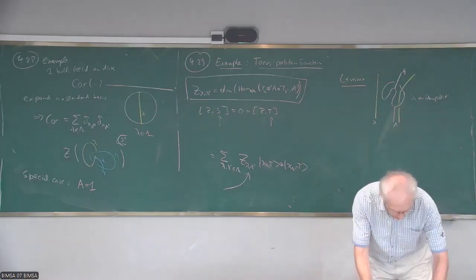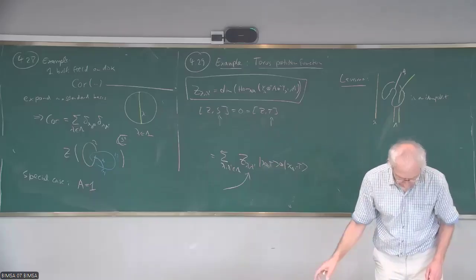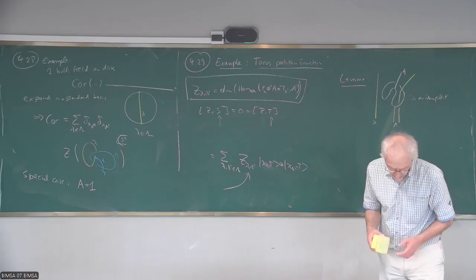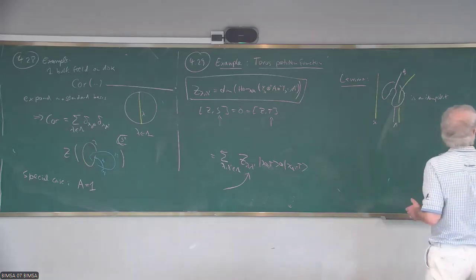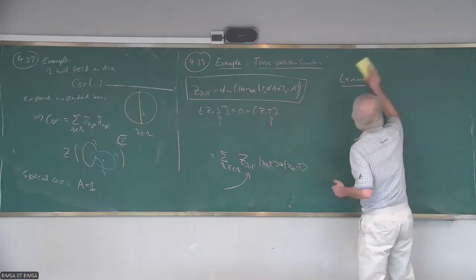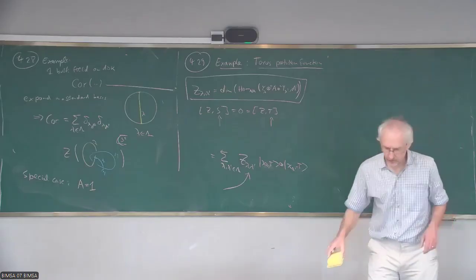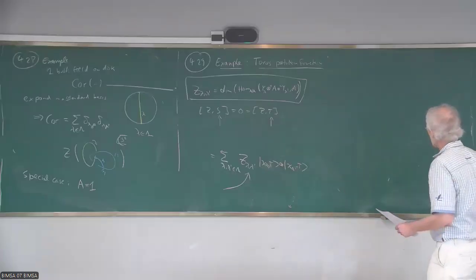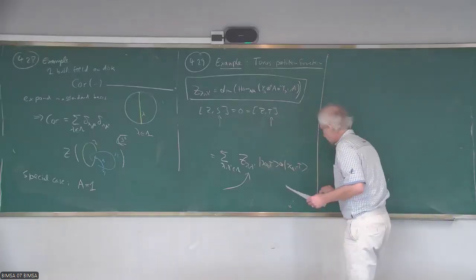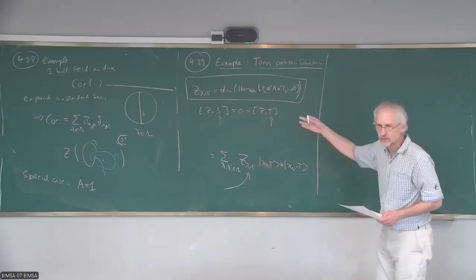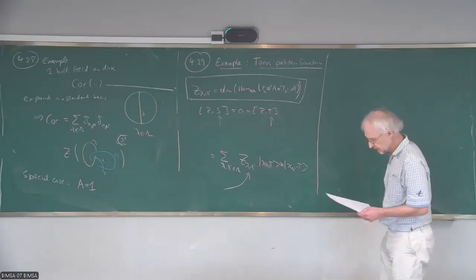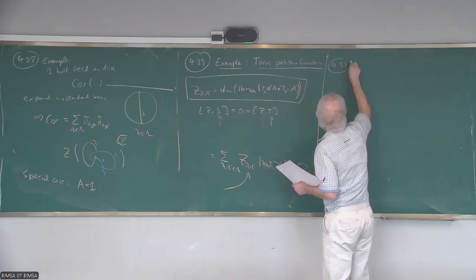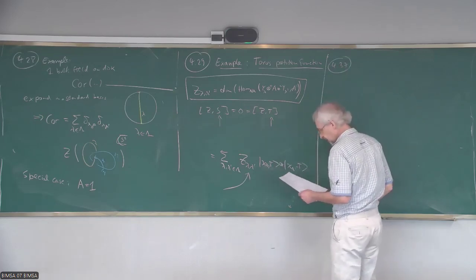Finally, with an eye towards generalizations beyond rational, all of this is rational, but with an eye towards generalizations beyond rational, at least to finite conformal field theories, you could observe the following.